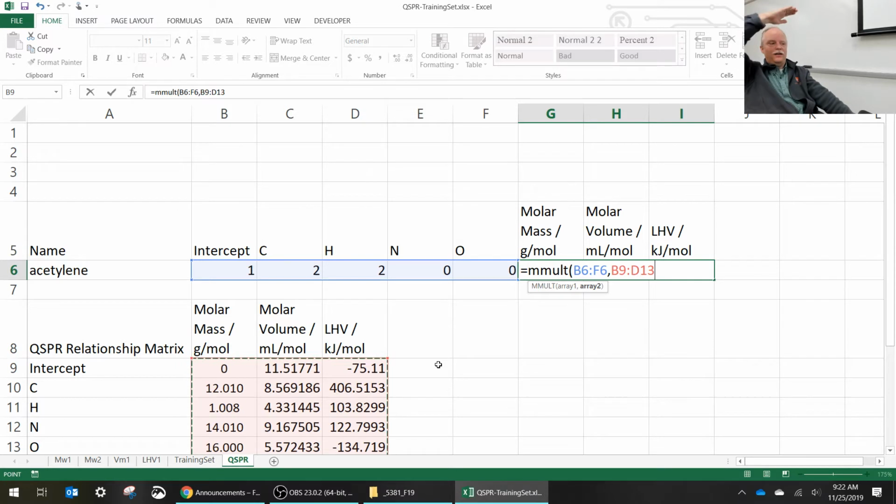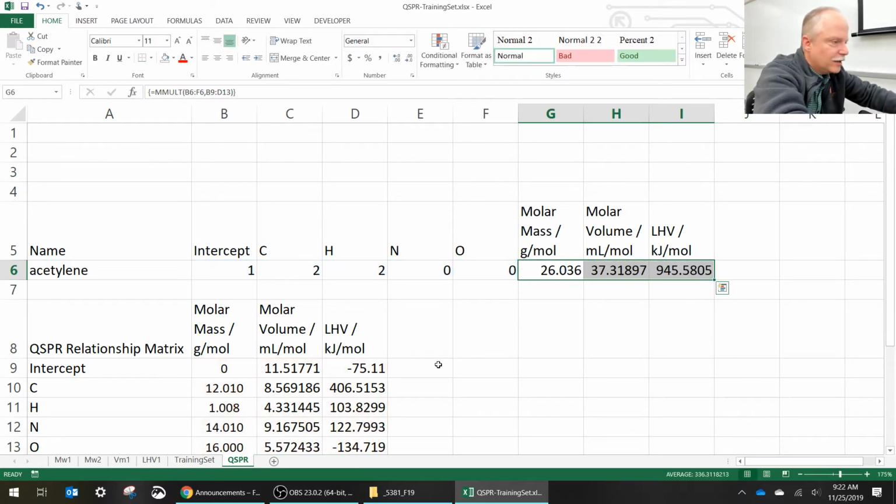So we have that intercept through carbon, nitrogen, oxygen row times the column, and the first column is molar mass. It's going to add all those values and give us the molar mass. Then it's going to move to the second column, add all those values and give us the molar volume. And then it's going to move to the third column, add all those values and give us the LHV, all in one step. So we close the parenthesis and hit Control Shift Enter, and there's our 3 values for acetylene.